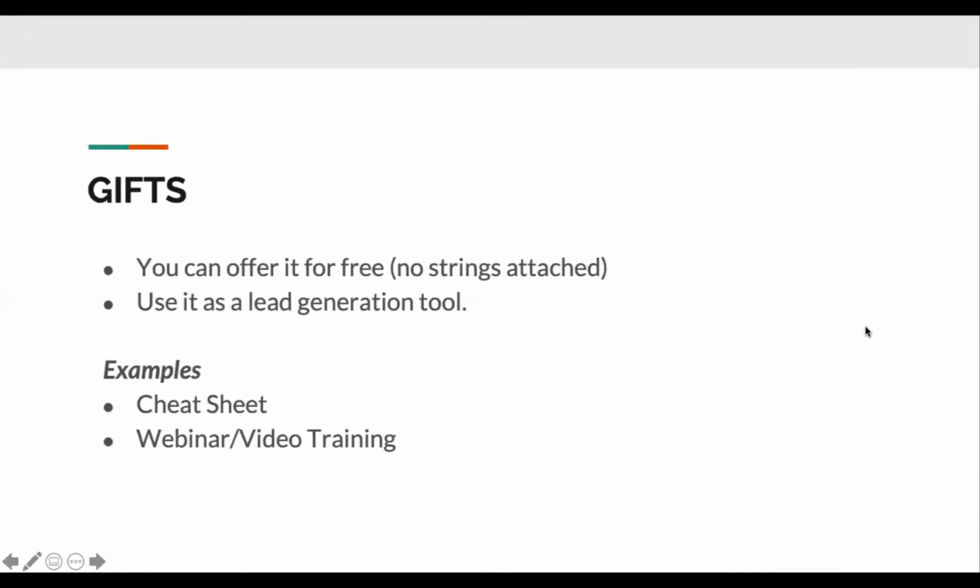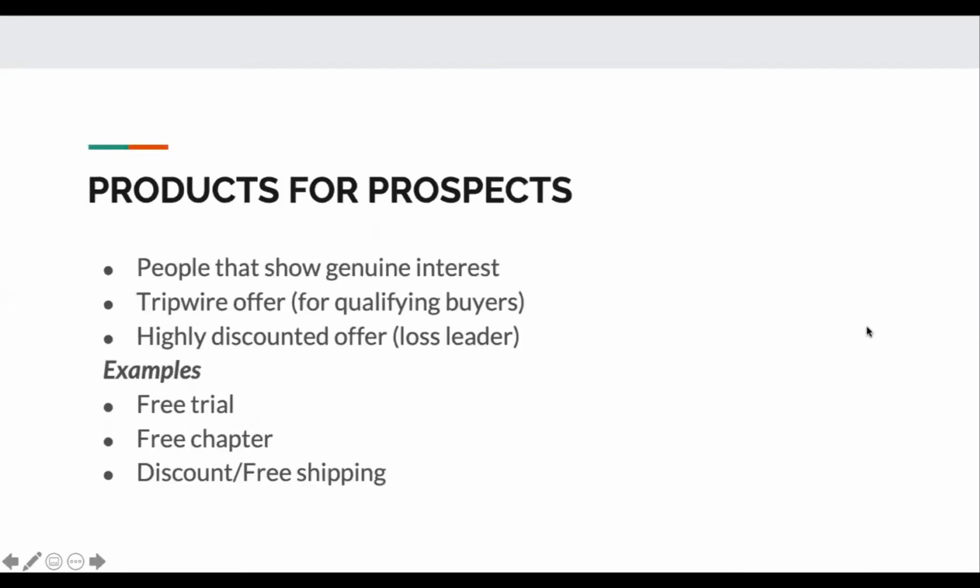So after gifts, we look at products for prospects. Prospects are people that have shown genuine interest in what it is you are selling. As I said before, they might not have the money now. So it is very important for you to have a product that is, number one, either free or highly discounted so that these people can buy.